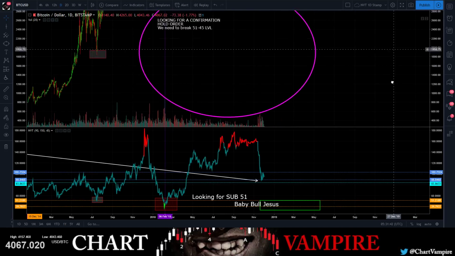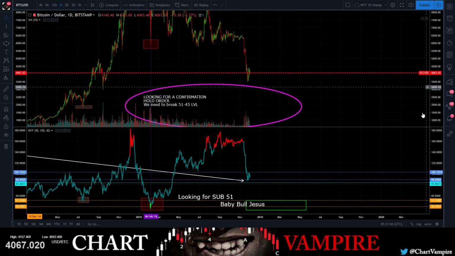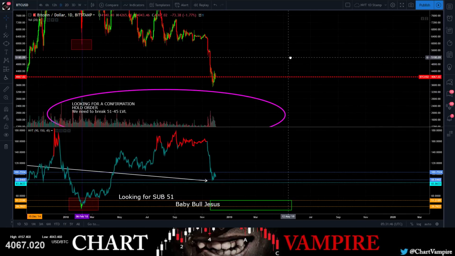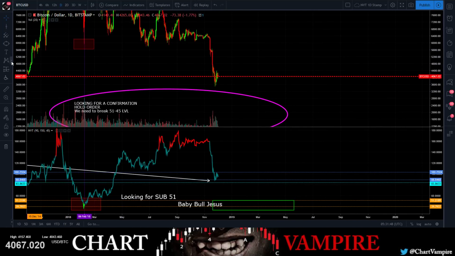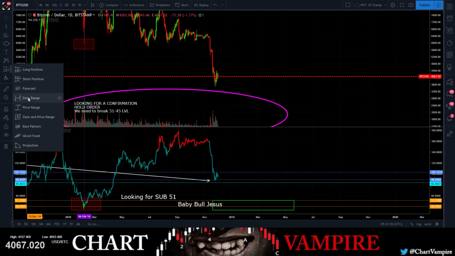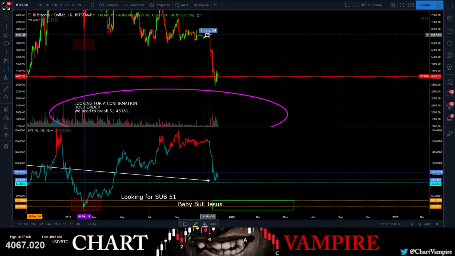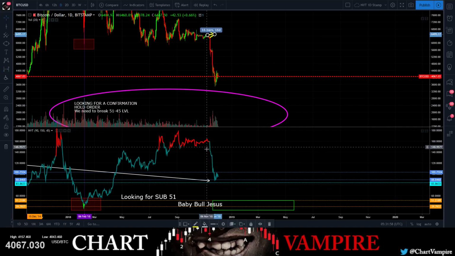I want to give you a correlation of how much faster we're falling now than we did then, right? This total range that we fell, from right here to today, took a total of 16 days.